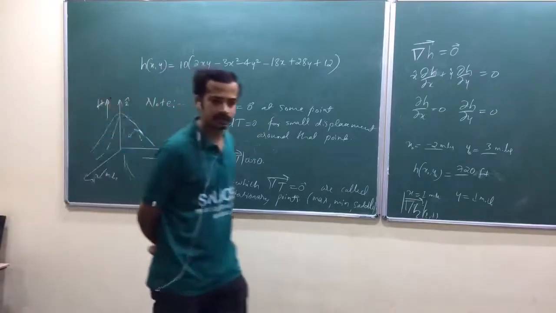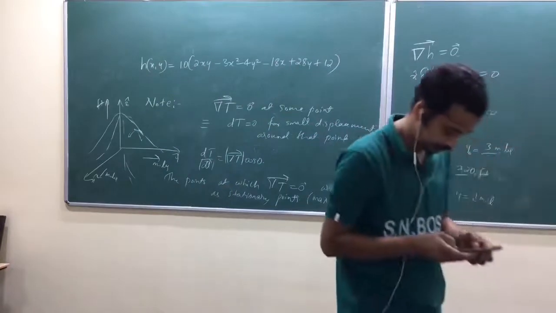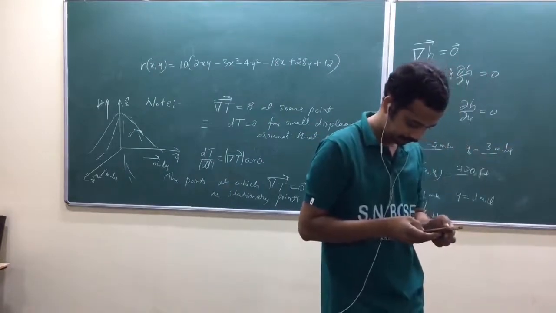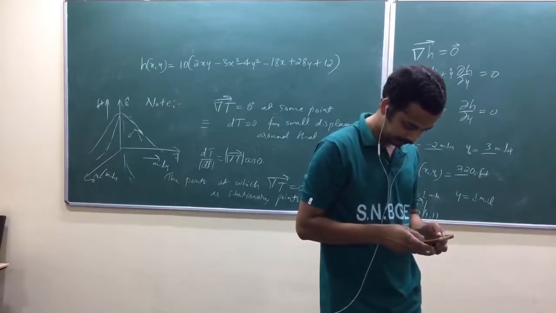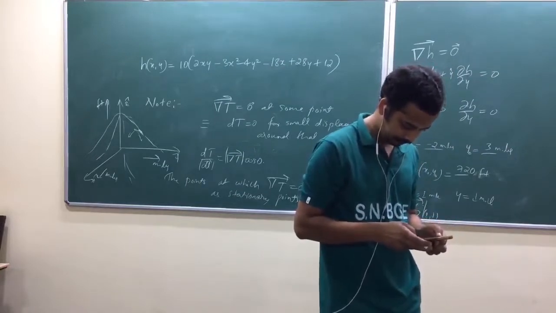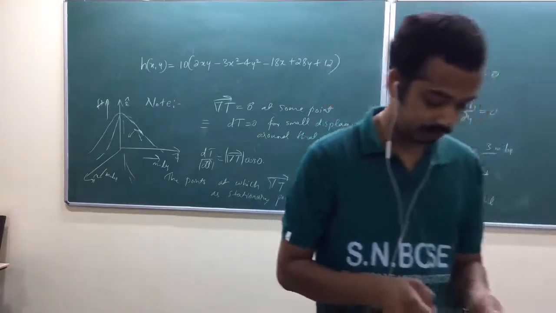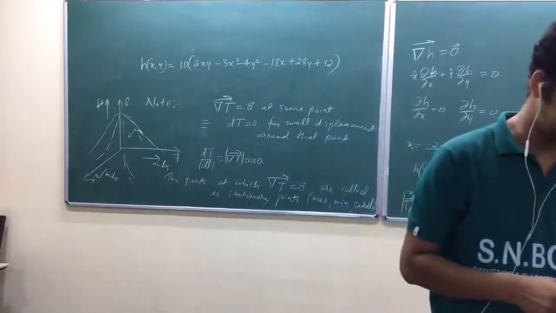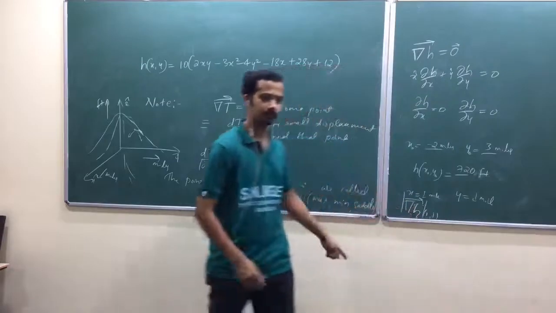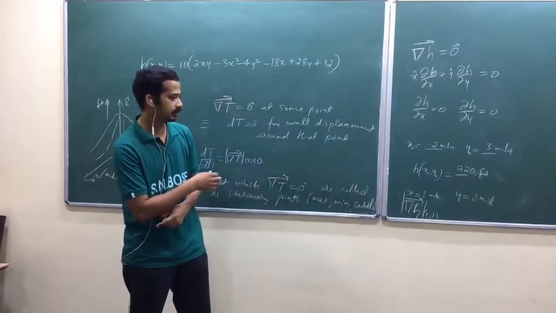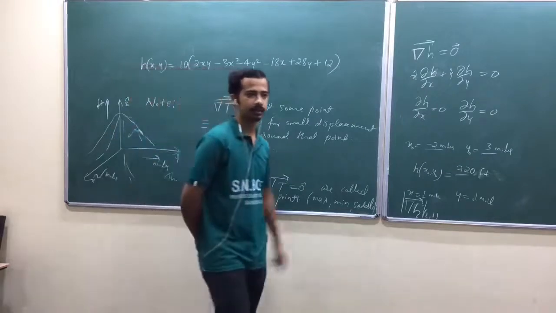So he has taken the directional derivative with x cap plus y cap by root 2. I don't take this one. Why? He has calculated the magnitude of this one, but the magnitude of this one is the maximum rate of change. Am I right? Are you getting my point?